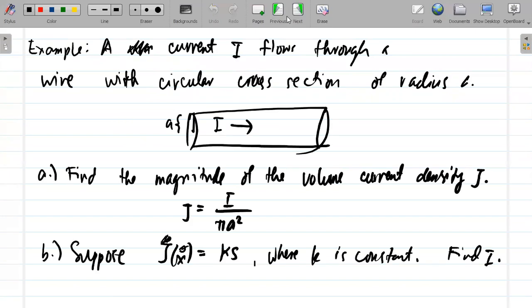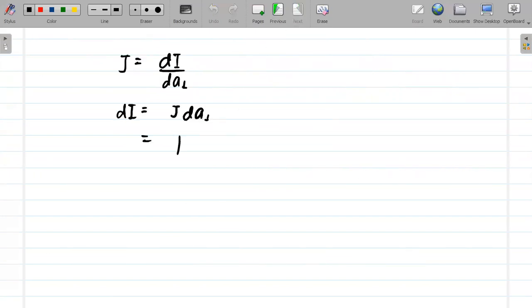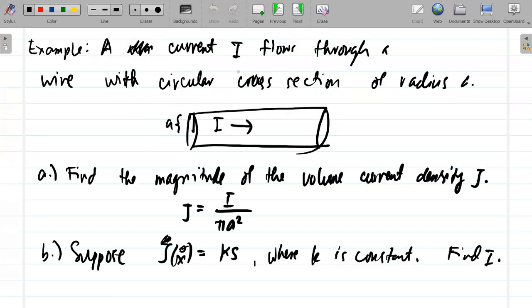Now, class, recall natin that J equals dI over dA perpendicular, di ba? Now, I is equal to integral of J dA. Ano yung J natin? Ks. Where S is the cylindrical coordinate natin. Class, ano ang small area dito sa configuration natin?